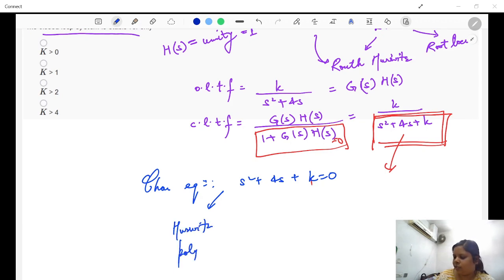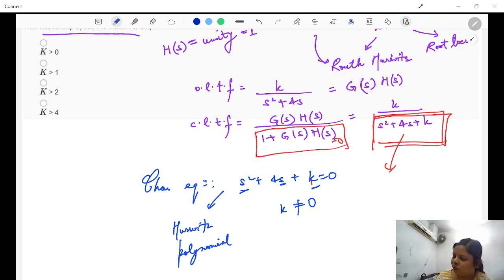There were two conditions, right? The coefficients of s square, s and s to the power 0 should be non-zero. That means k is definitely not going to be 0.